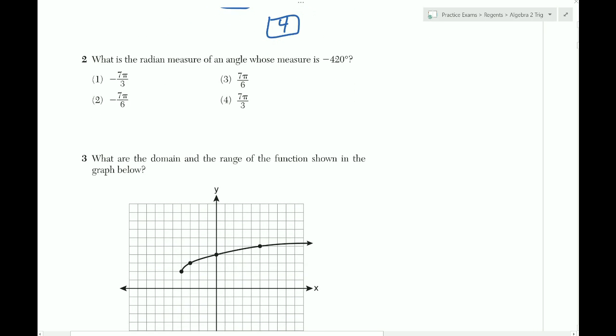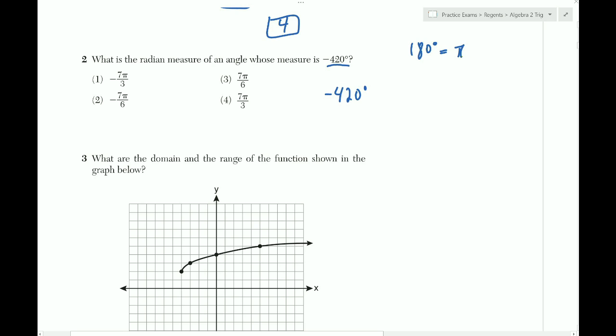What is the radian measure of an angle whose measure is negative 420 degrees? Alright, so for this one, we're going to want to convert into radians. So the conversion factor is that 180 degrees is equivalent to pi radians.